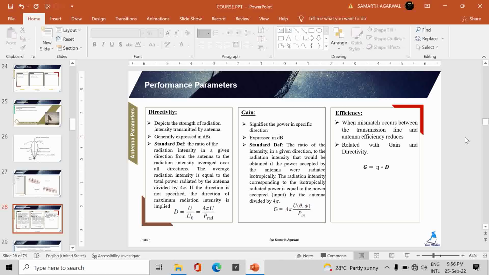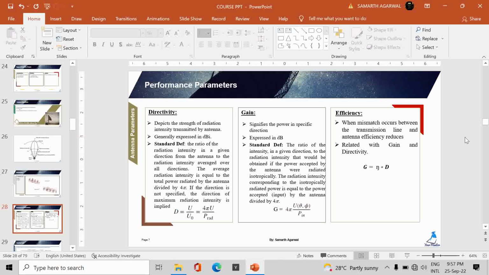In case of gain, it is the ratio of the intensity in a given direction to the radiation intensity that would be obtained if the power accepted by the antenna were radiated isotropically. Since it is an isotropic radiation, we consider 4 pi, as a full sphere.